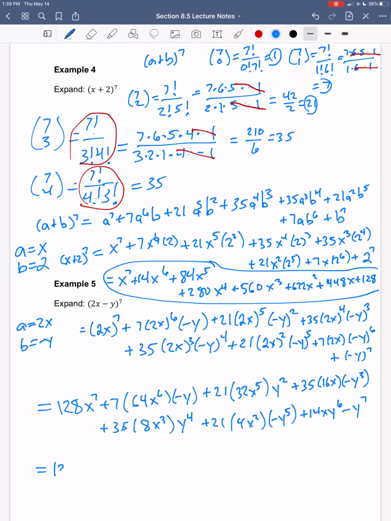So we get 128 x to the 7th minus 7 times 64 is 448. Here this is positive. 21 times 32, 672. 35 times 16, negative, so negative 560.